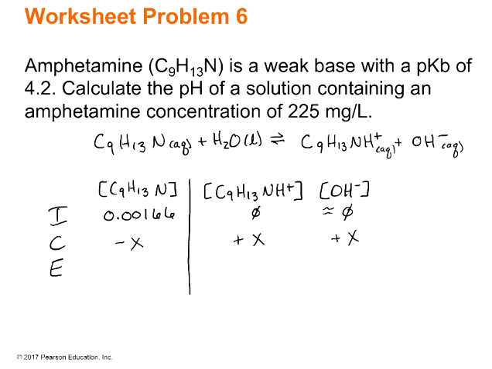So now the equilibrium expressions are 0.00166 minus x for the reactant, and then just x and x for the products. Now, in this instance, we're not going to use the acid ionization constant expression. We're going to use the base ionization constant expression.